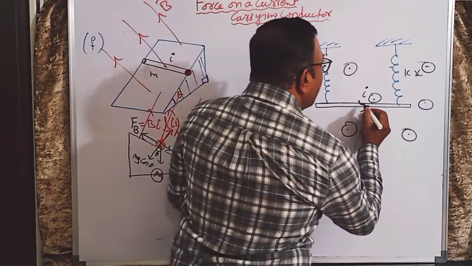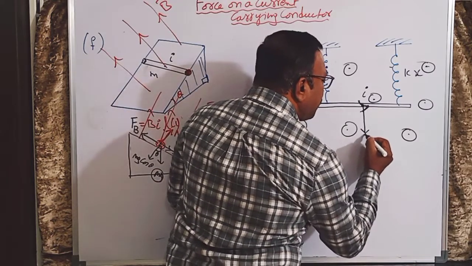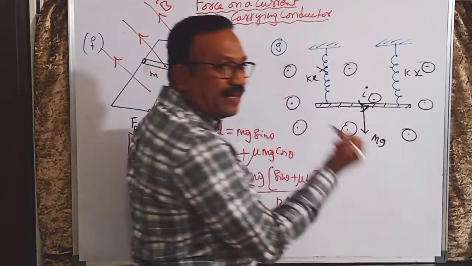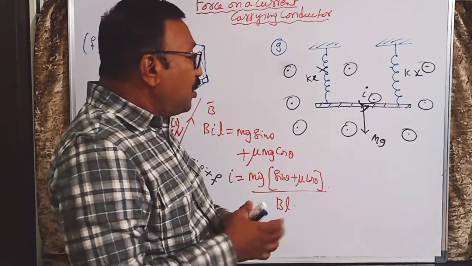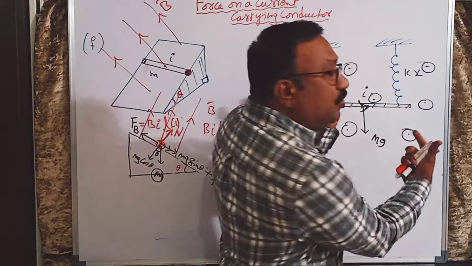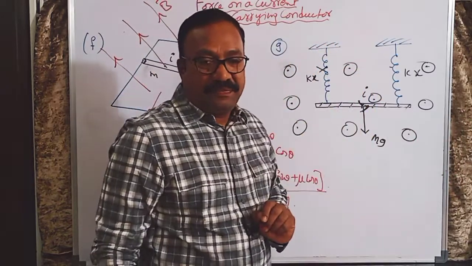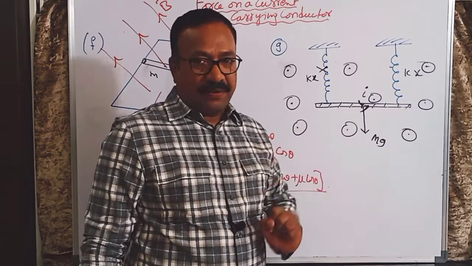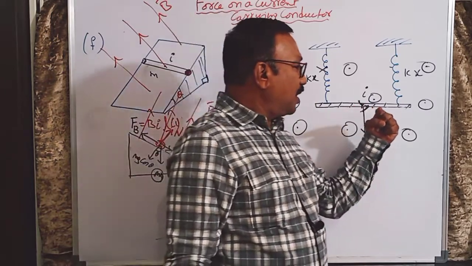What are the forces acting downwards? Let us see. mg, that is the weight of the rod, is acting down. Now this rod is a current carrying conductor placed in an outward magnetic field. So the force is BIL sin 90, Fleming's left hand rule. Magnetic field is outward.